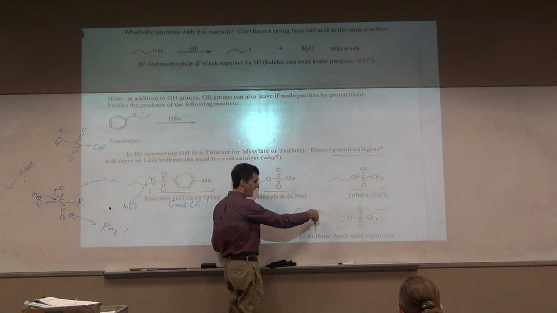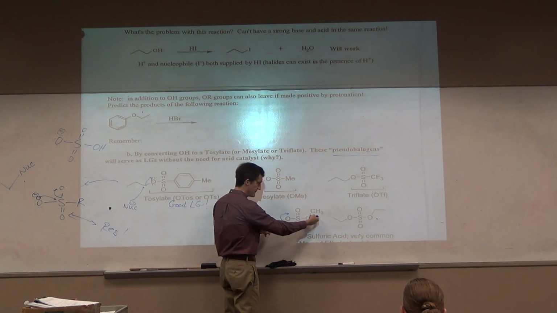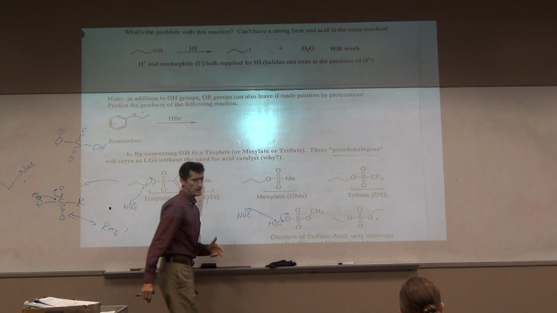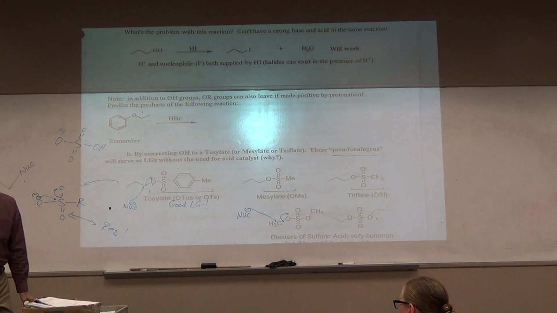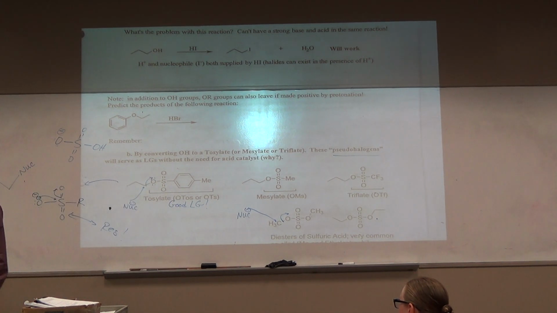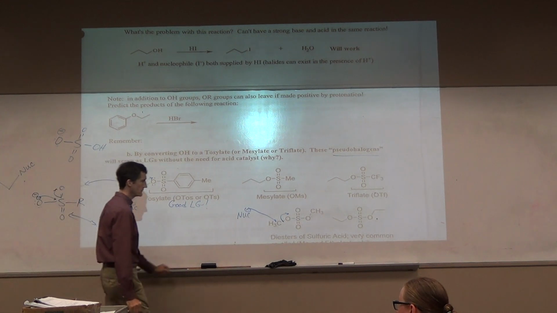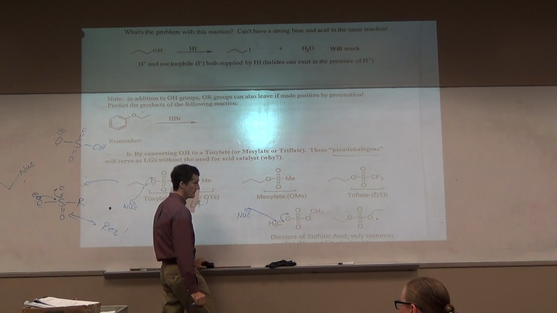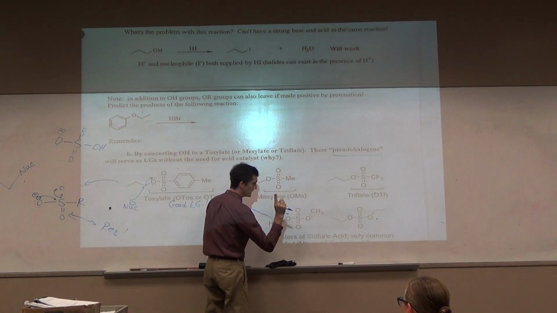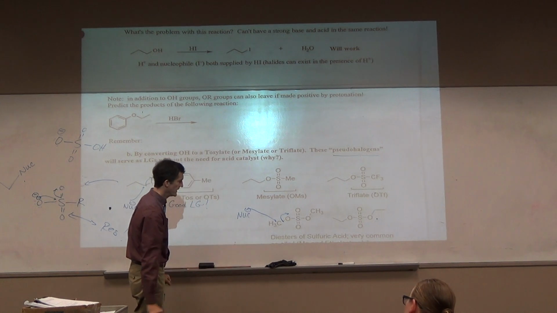So again, it's not a tosylate or mesylate, it's actually the dimethyl ester of sulfuric acid. I point these out because they're very common. But the chemistry is analogous to a tosylate. Now you might think, could it also attack over here? Usually these only serve as one.